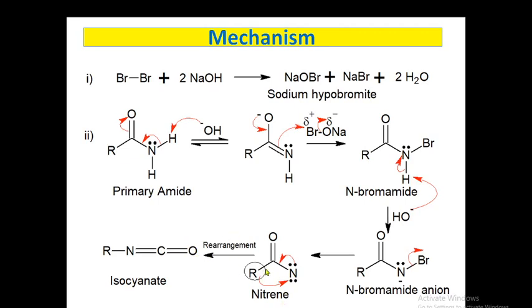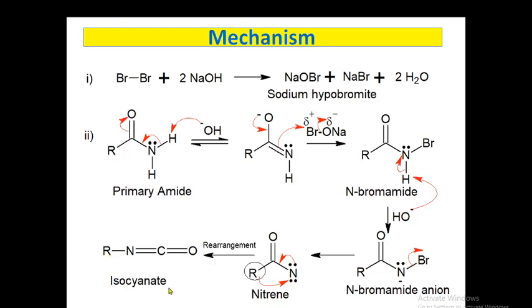Rearrangement involves migration of the alkyl group from carbon to nitrogen, and this unshared electron pair shifts here to form a carbon-nitrogen double bond. Now, if you see, the product you get after this rearrangement is isocyanate. So you get the R-N=C=O. This is the bonding present in this.